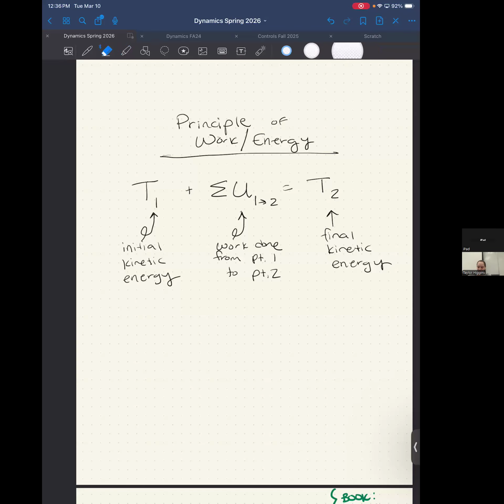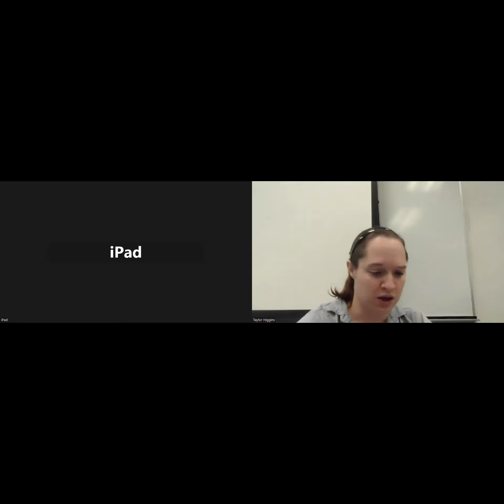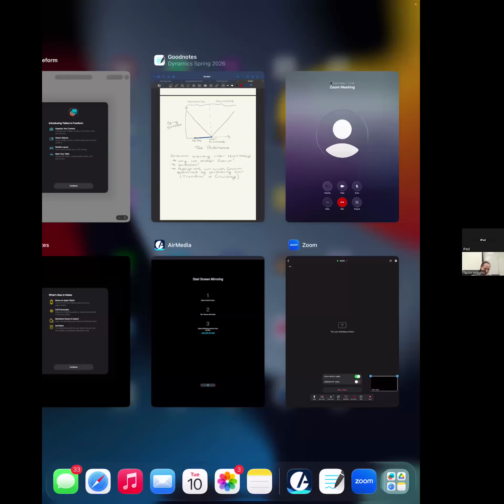So last class we talked about the principle of work energy. And we learned this very important equation, which involves kinetic energy and work done between two points of displacement.